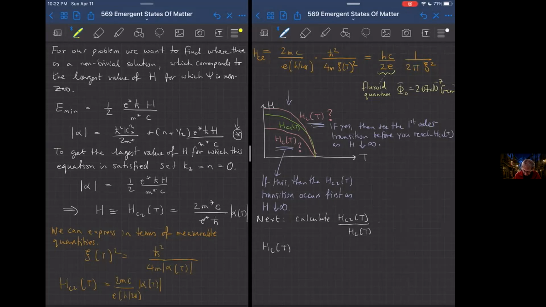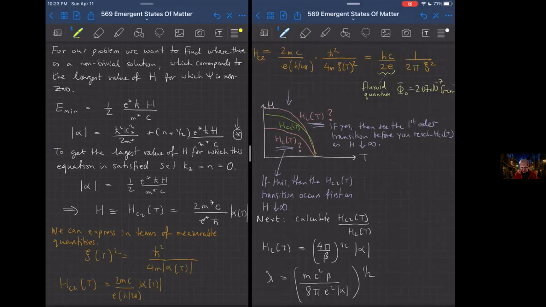So earlier on, last lecture, I showed you that Hc is equal to 4 pi over beta to the 1/2 times the absolute value of alpha. Now, the other thing is, we know that the electromagnetic penetration depth, I also derived that for you last lecture, that was given by this formula, mc squared beta over 8 pi e squared absolute value of alpha, all of that to the 1/2.